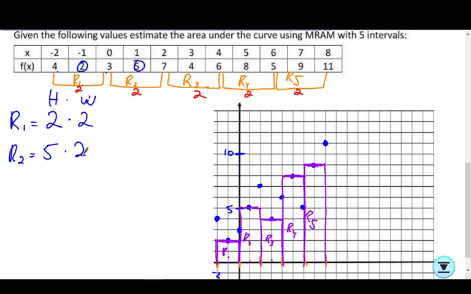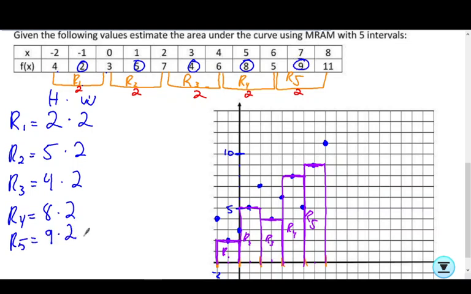5 times 2, but middle is 4, so 4 times 2. R4 is 8 in the middle, so 8 times 2. And then on R5, height is 9 times 2.